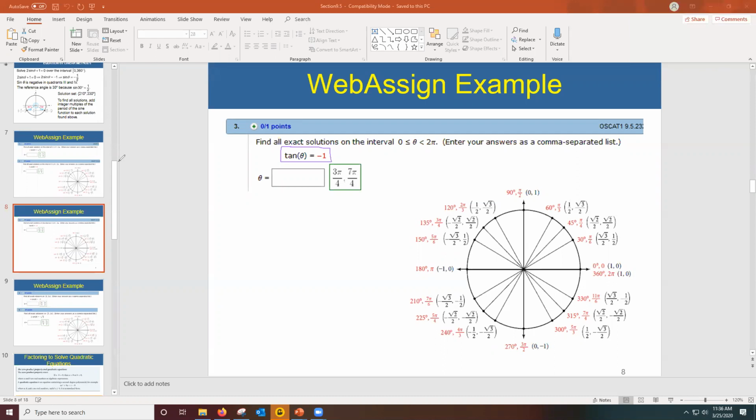So here's a suggestion, folks. Why don't you work out the tangent for each one of these angles yourself? How do you do that? Well, go back to the definition of tangent. And remember, the definition of tangent for any angle is taking the sine over the cosine.